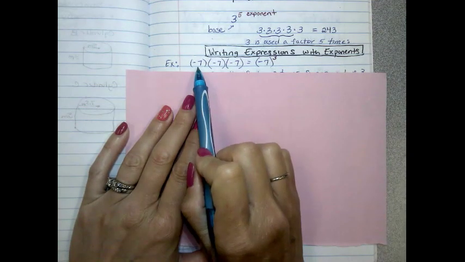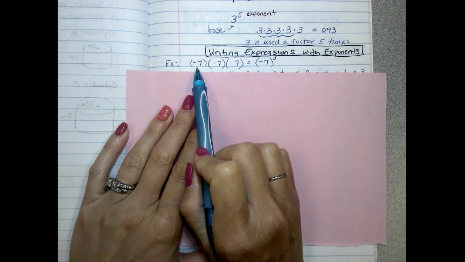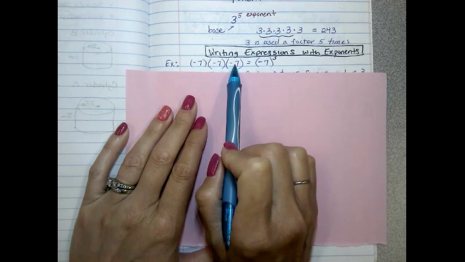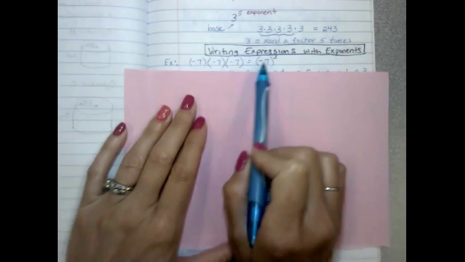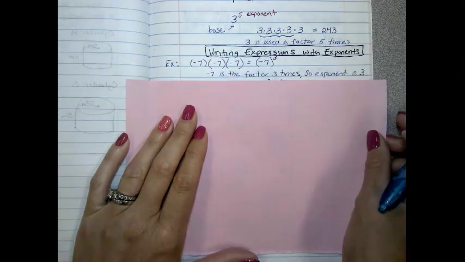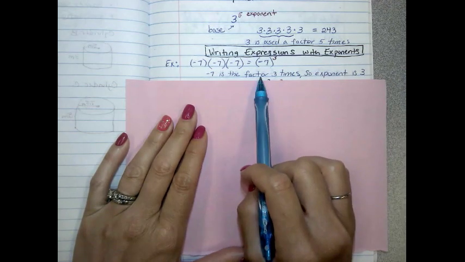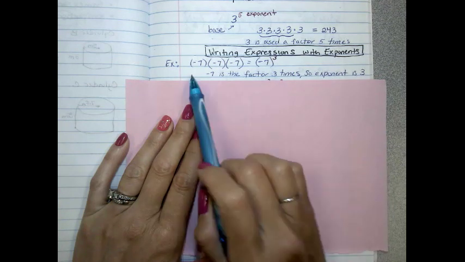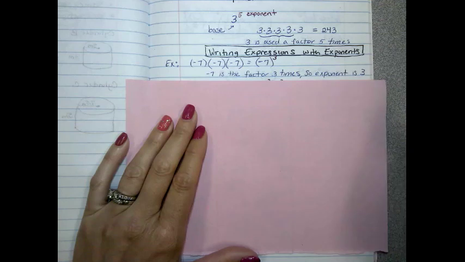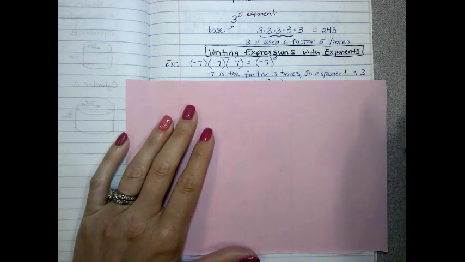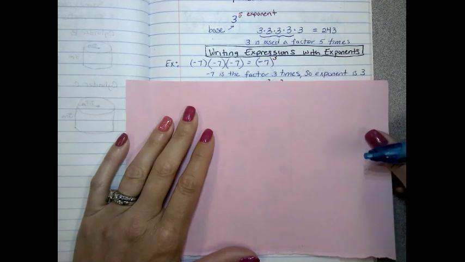So if I see that I have -7 multiplied by itself 1, 2, 3 times, -7 is my base, 3 is my exponent. -7 to the third. -7 is the factor 3 times, so the exponent is 3. If at any point you're writing these notes, clearly I'm not writing them, I'm just presenting them to you. They're already written. Pause the video, write the notes in completion. I will be looking for these notes tomorrow.